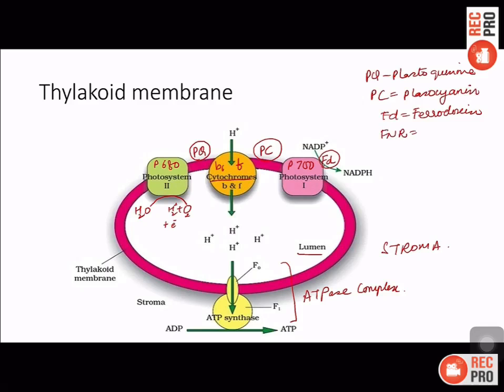And FNR is an enzyme which will be needed, called ferredoxin NADP reductase enzyme. This plays an important role in the production of NADPH, right?